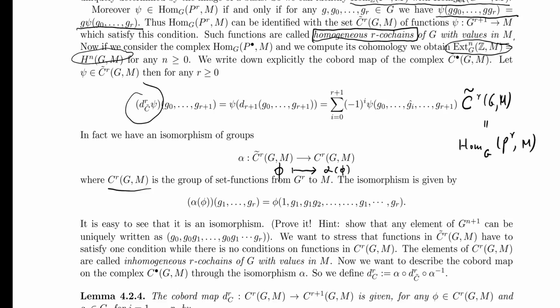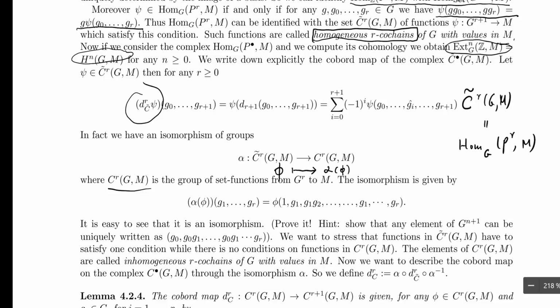It's like you add one more condition to make my freedom reduce by one position. Okay, the isomorphism is given by this. It is easy to see it is an isomorphism.